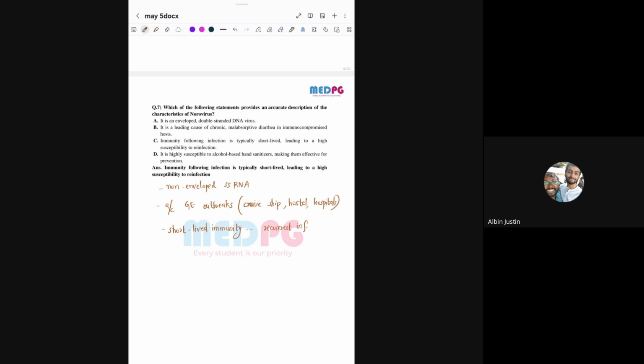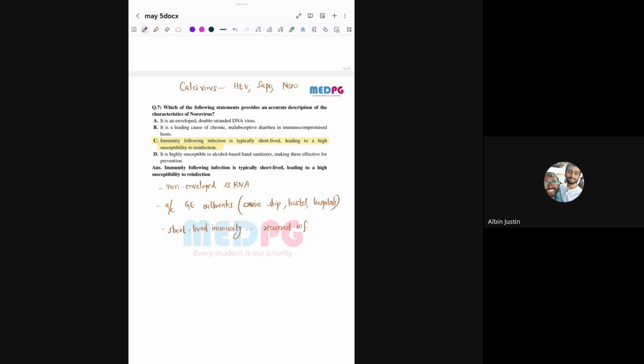So these are the features of norovirus. Noro comes in the calicivirus family along with Sapo.